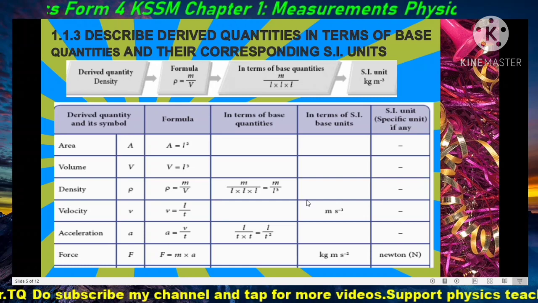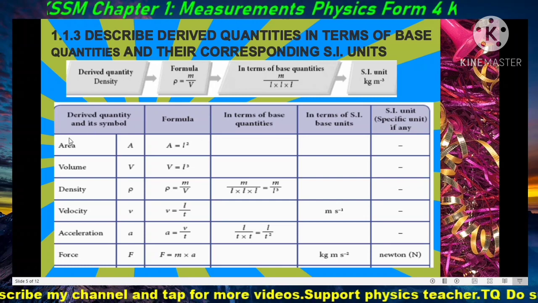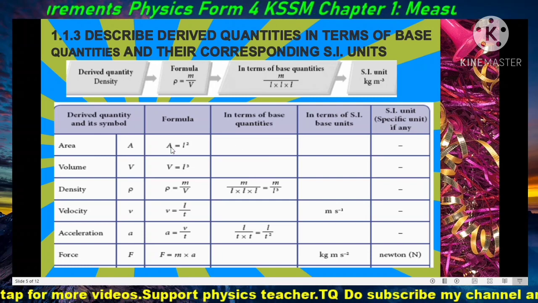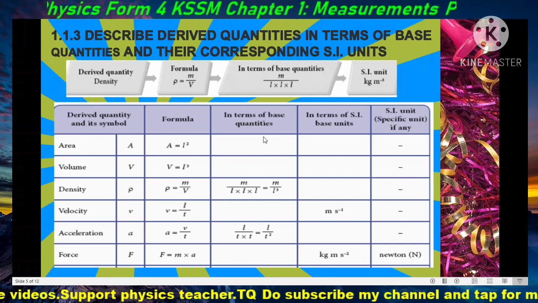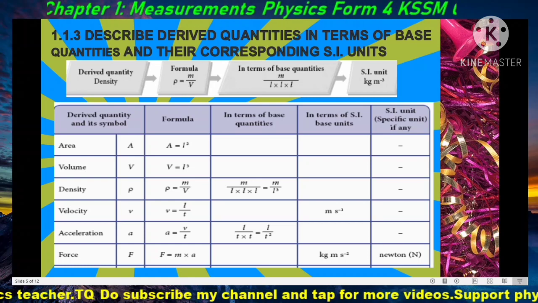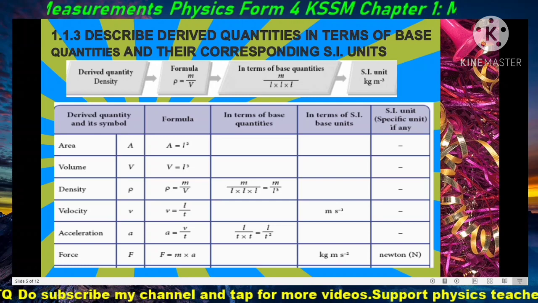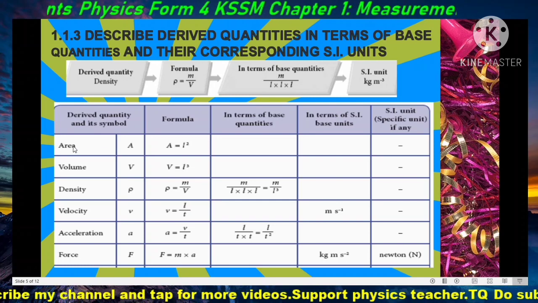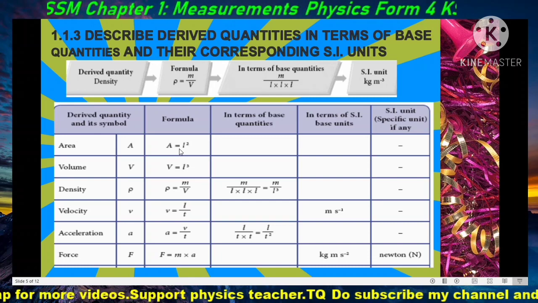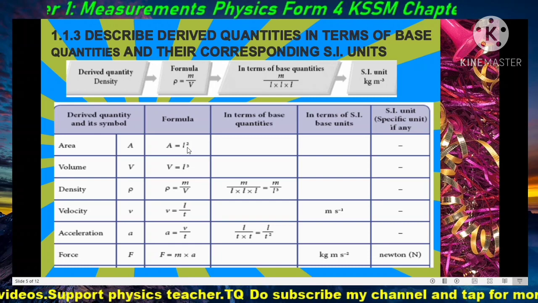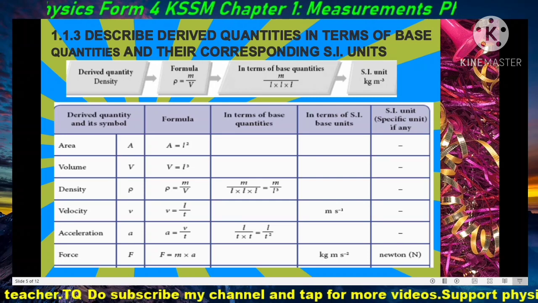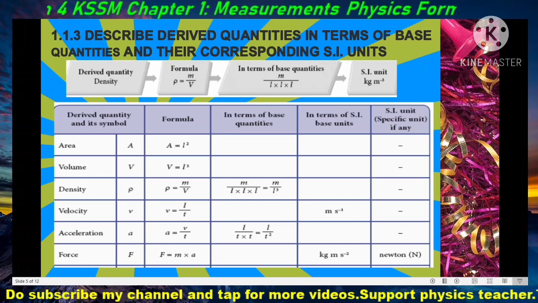Look at this table. Now we want to complete this table. So from the formula given, you must be able to write the derived quantity in terms of base quantity and then derive its unit. Area A, the formula for area is length times width, for example, but width is under the group of length, thus we can write A equals L squared.